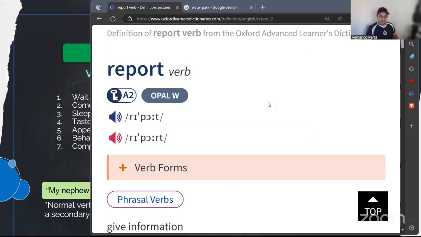Eliminate "my", because report is a verb, it's not a concept. The action is to report. I report my processes. You report your processes. You see? Report is a verb.